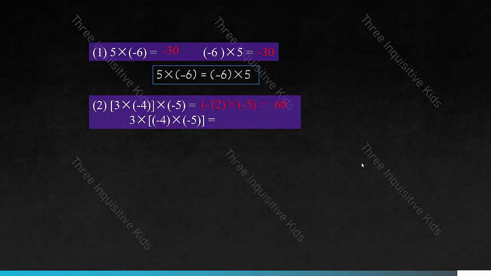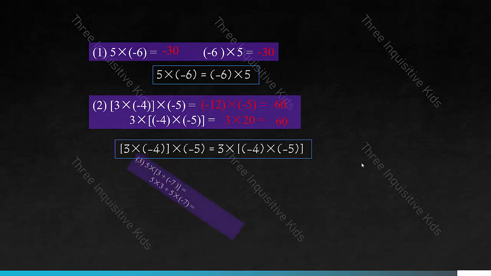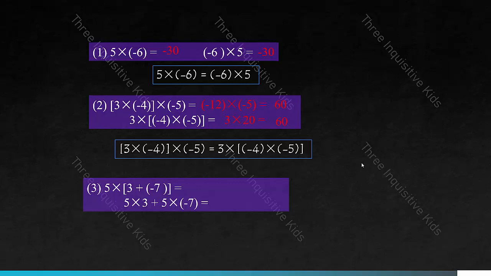The product of negative 4 and negative 5 times 3 gives us 60. For the third problem, we have the sum of 3 and negative 7 times 5, which gives us negative 20, and 5 times 3 plus 5 times negative 7, which is also negative 20, which means that these two expressions are also the same.